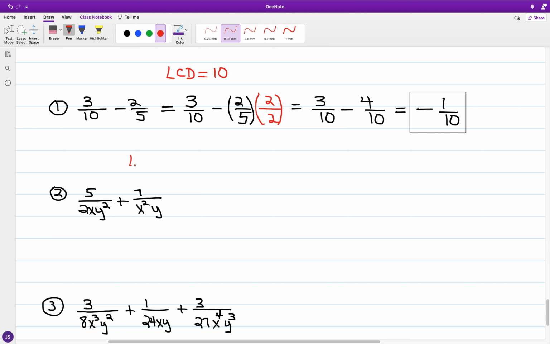Now for the least common denominator, that's going to be 2. Then we have x and x squared, so we have x squared. And then the higher order in y, we have y squared. So the least common denominator is 2x squared y squared. And so for both of these ratios, adjustments will have to be made.